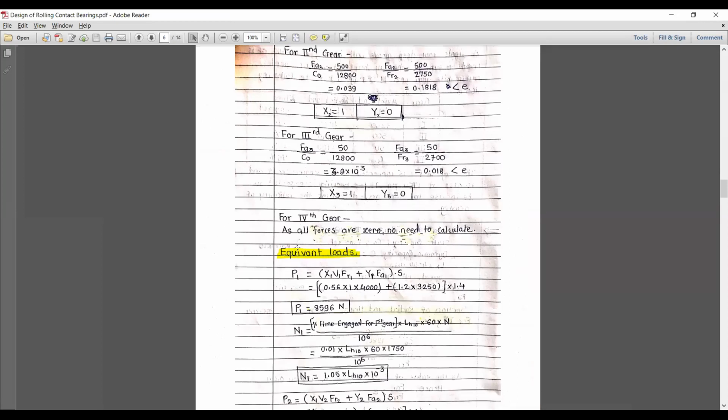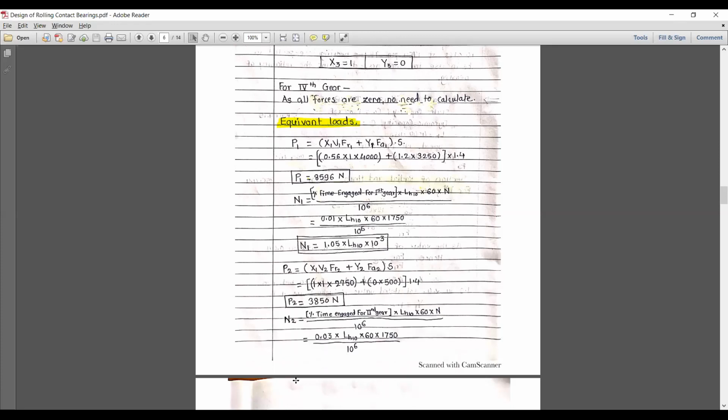So again the radial factor is 1 and the axial factor is 0 for gear number 3. For gear number 4, as we know that the axial load and radial load are 0, that's why we are not considering this one for the calculation of the equivalent load.